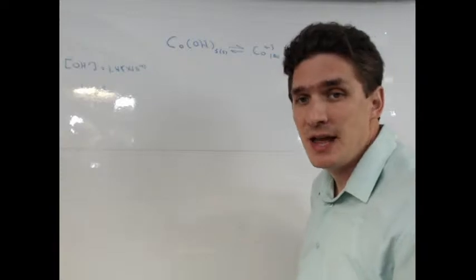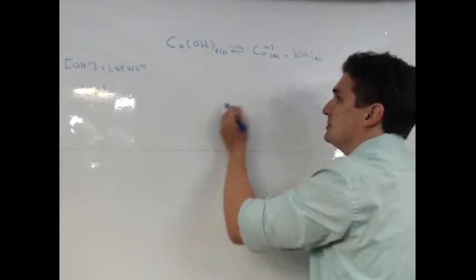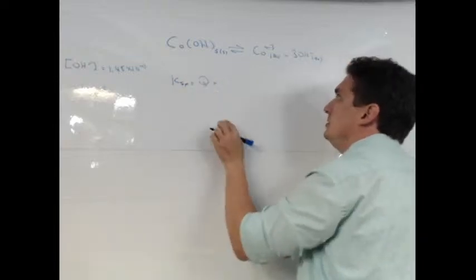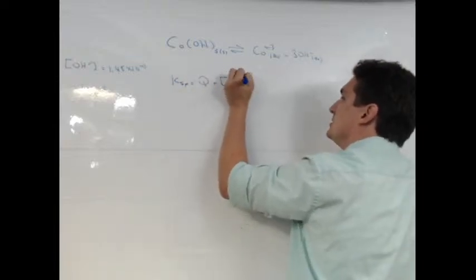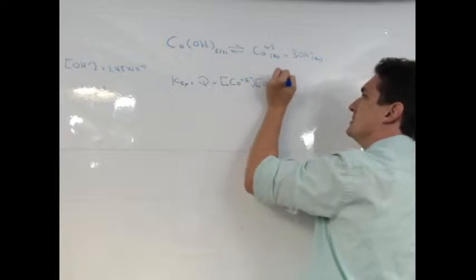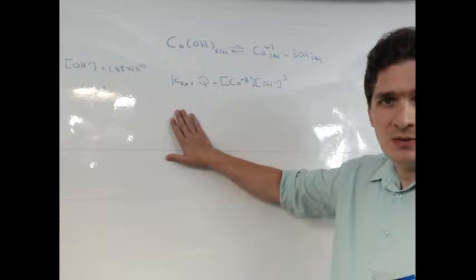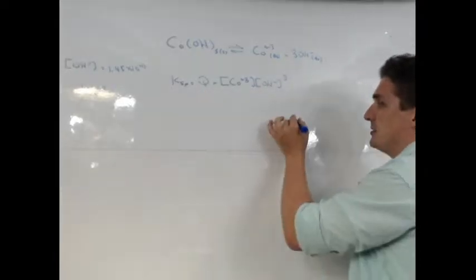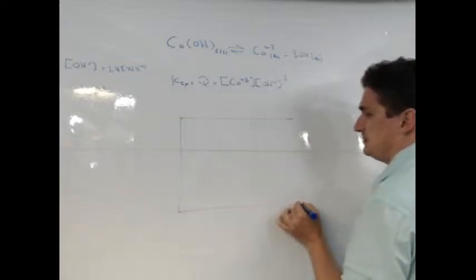KSP is a special case where we're looking at what's called the solubility product. So KSP equals Q, and Q here is the concentration of cobalt times the concentration of hydroxide to the third power. Things we need at equilibrium: KQ equals Q, and we've got our expression for Q. The third thing we need is the IC table.